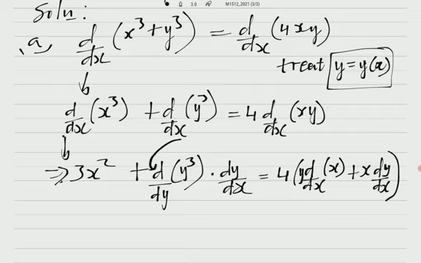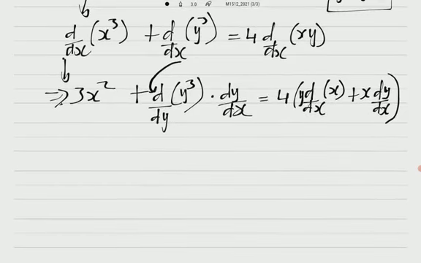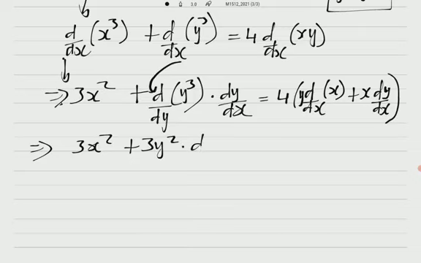So that one is much better. So what we get here, the next step, which implies we still have 3x squared, but now we can differentiate this part with respect to y. So we have 3y squared, but we still have dy dx, which is good because that's what we are looking for.